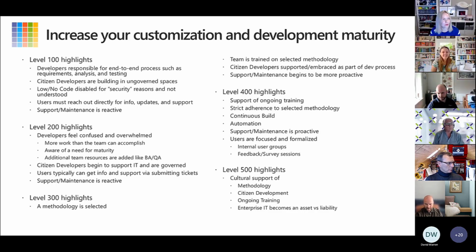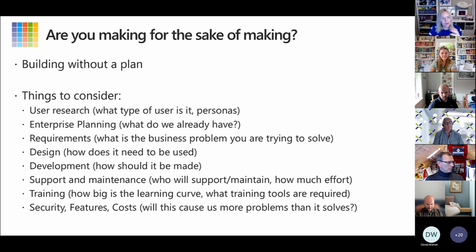Yeah, and I think that's super interesting, because one of the things that we talked about yesterday was understanding what the true cost of something is. And actually, if we move to the next slide, I think this is a really important question. Are you making for the sake of making, or do you actually need to build this thing that you're being asked for?